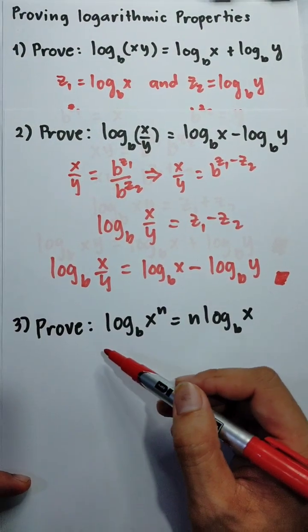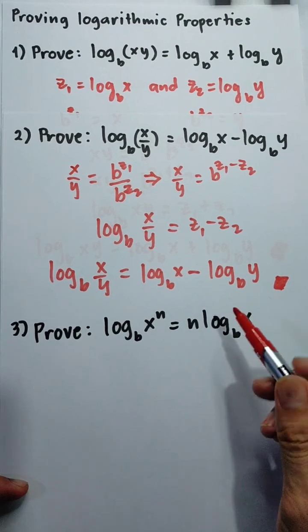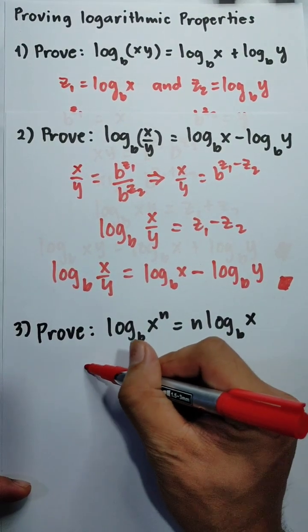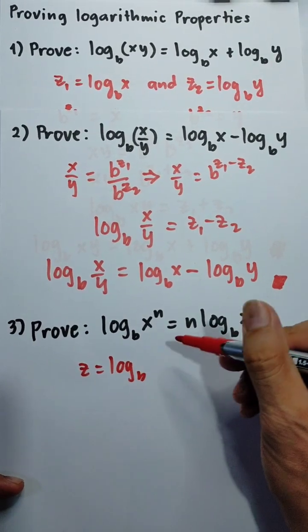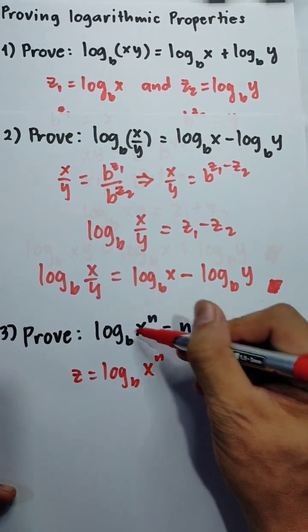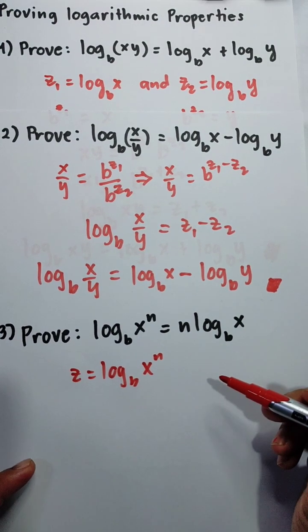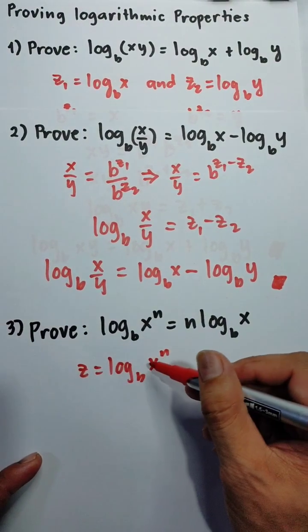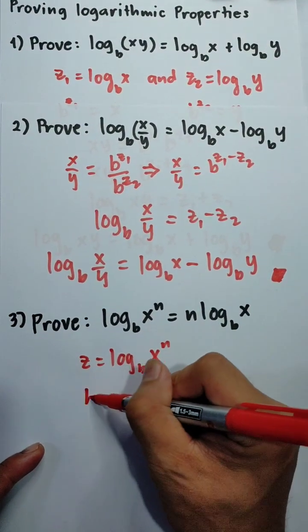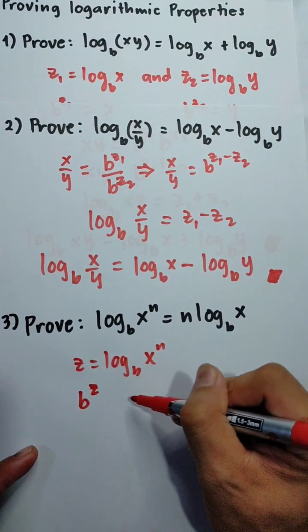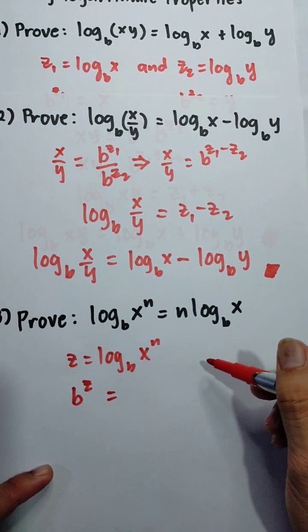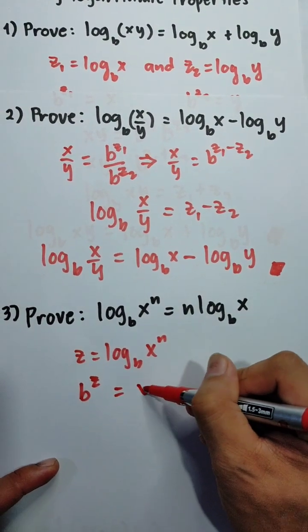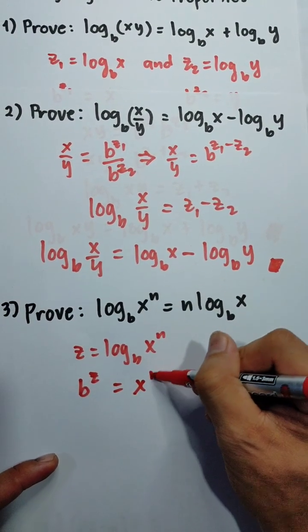Next, number three, let's prove the power rule. Let's begin by letting z equal log base b of x to the n, which is our left hand side. Next, let's apply the definition of logarithm. So this is b to the z equals x to the n.